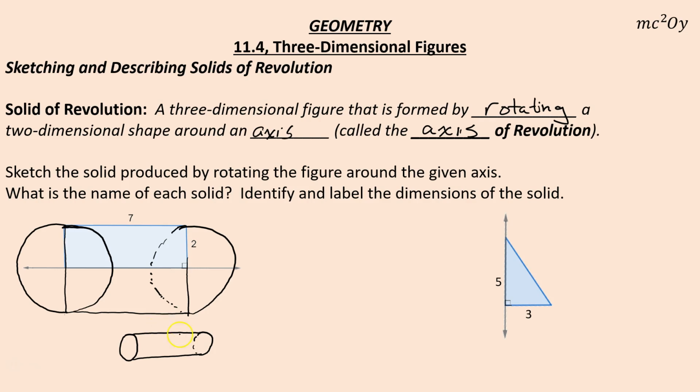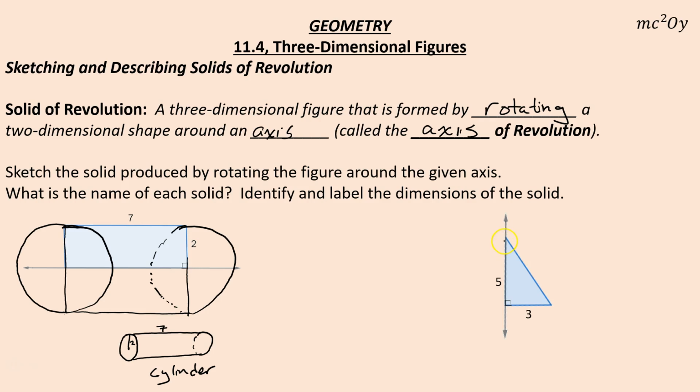So there we got it. If we were labeling it, well, that's a cylinder. Its dimensions, well, the radius of our cylinder is 2, and the length of it is 7. And so we just take those lengths and we put them back in there. Now it doesn't have to be the same size as the one you had, but you just have to label it and title what type of shape it is.